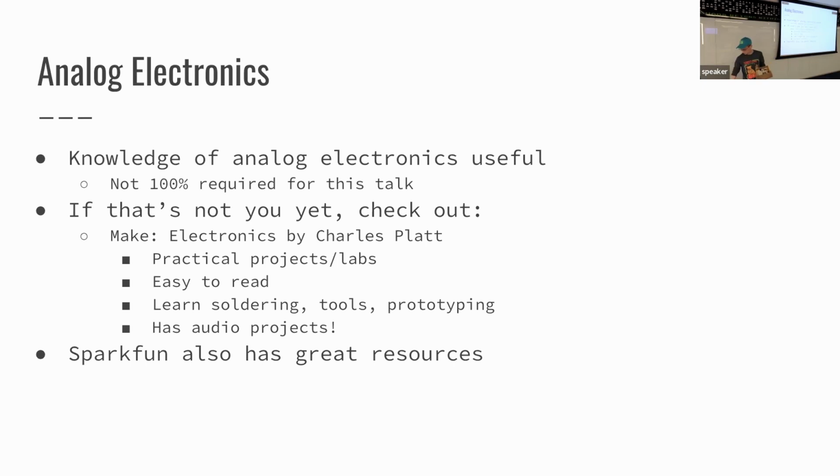It's called Make Electronics. It's set up as a series of labs and teaches you the basics of electricity, current, and Ohm's law, and voltage dividers and stuff, how to wire stuff together like this. It also teaches you how to set up your lab, how to go on to Mouser and DigiKey and order the right stuff, which is not self-explanatory, things like soldering and whatnot.